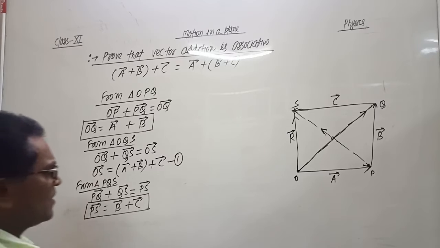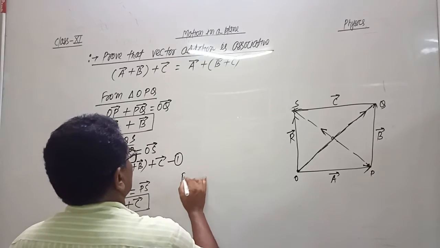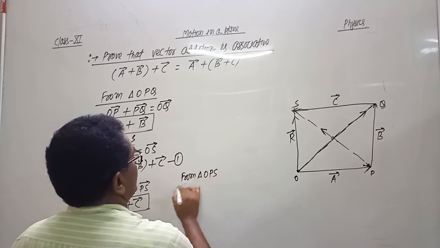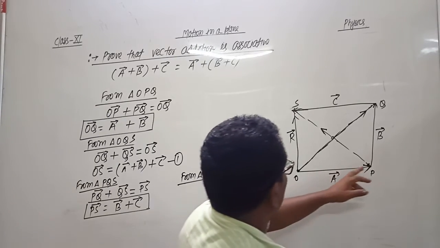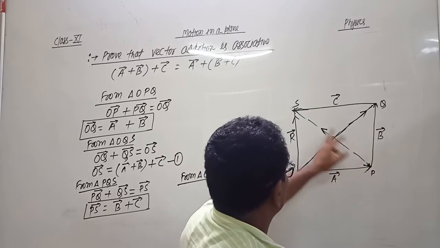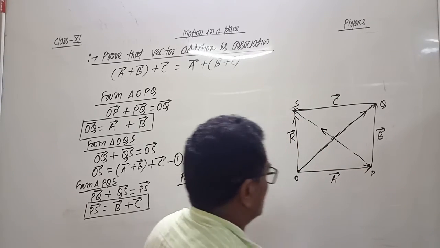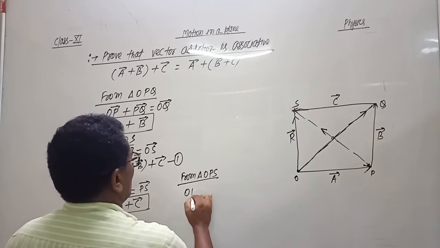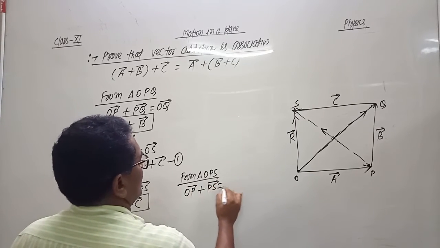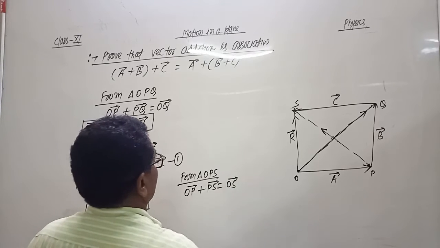Now from triangle OPS, again we can write vector OP plus vector PS equals vector OS.